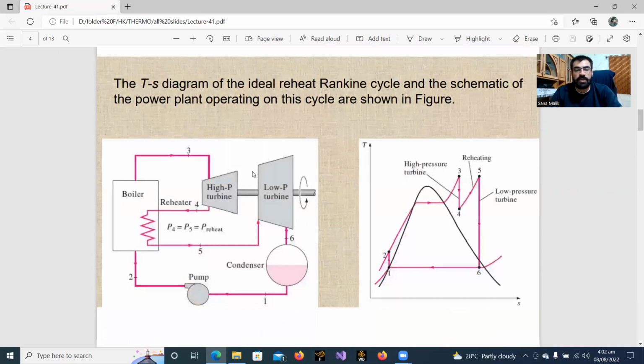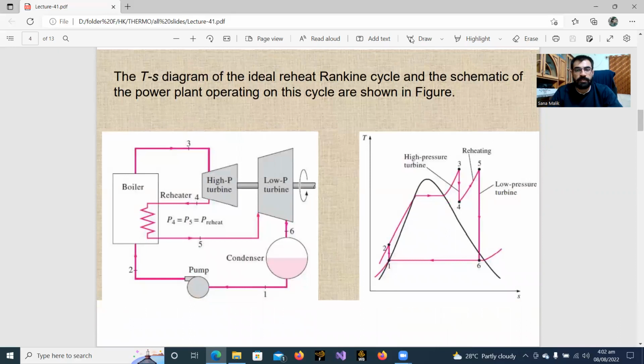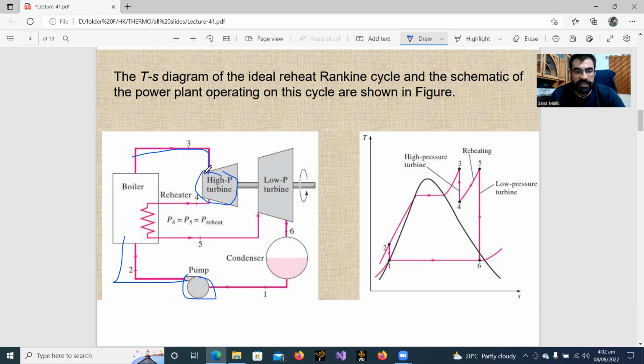It is commonly used in steam power plants. So this is basically a reheat cycle. What we do is pump the fluid from the condenser into the boiler, and then from the boiler it goes through two stages, high pressure and low pressure. From the high pressure turbine its temperature will be lowered as it passes through.